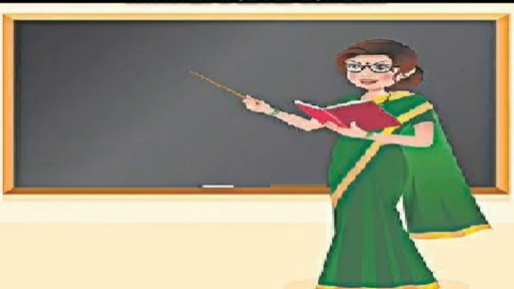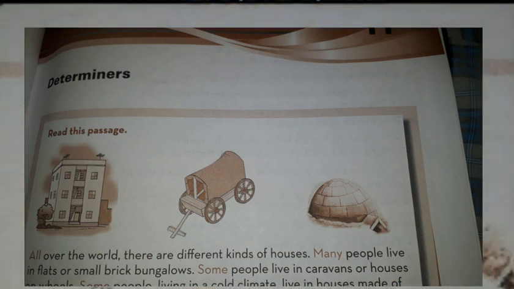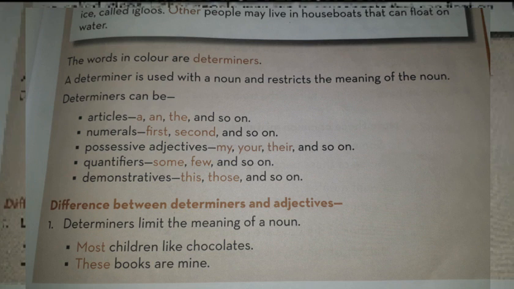And now determiners. Listen, determiners: it's a word used before the noun, used with the noun, and it restricts the meaning of the noun. It just restricts. Okay, for example, determiners can be articles, numerals, possessive adjectives, quantifiers, demonstratives.